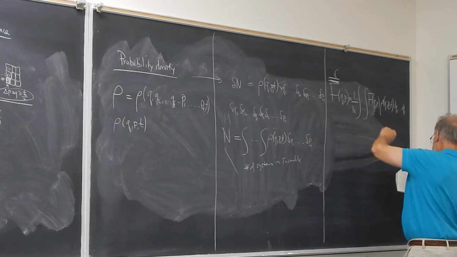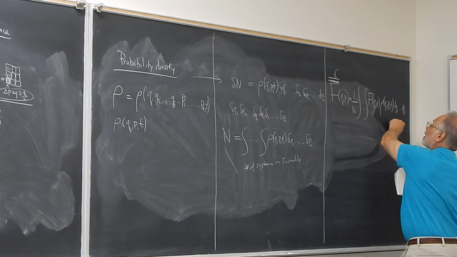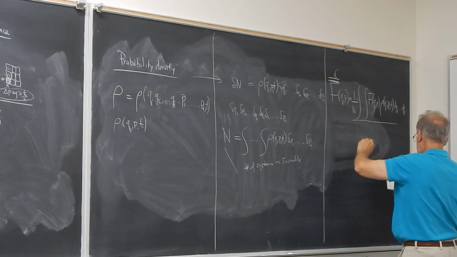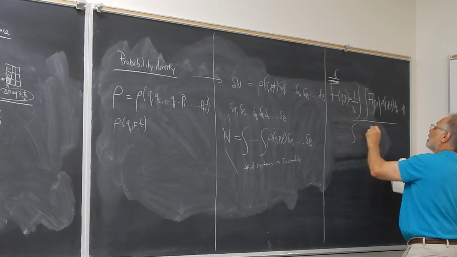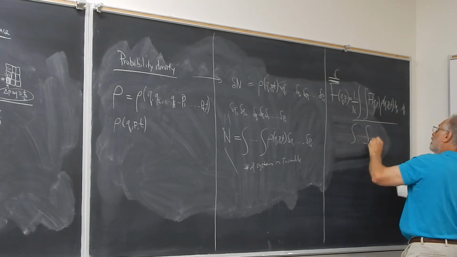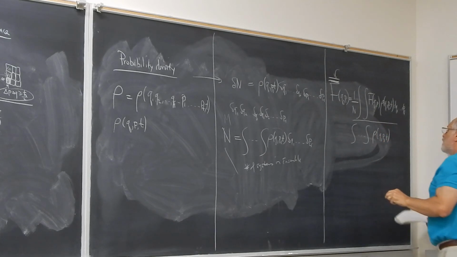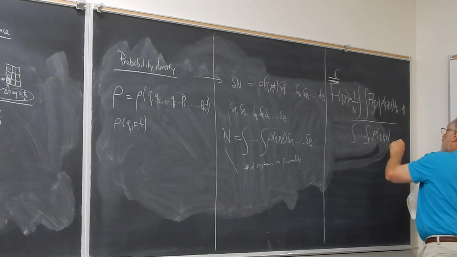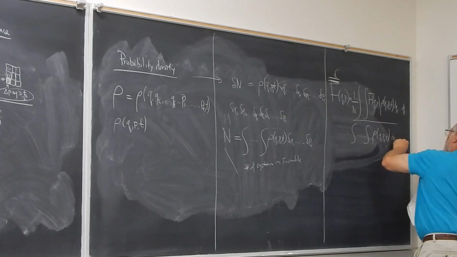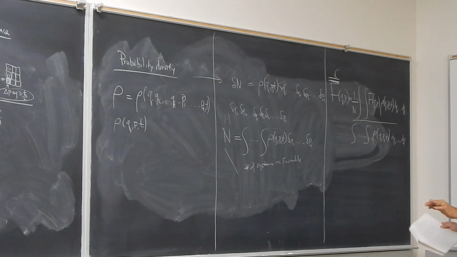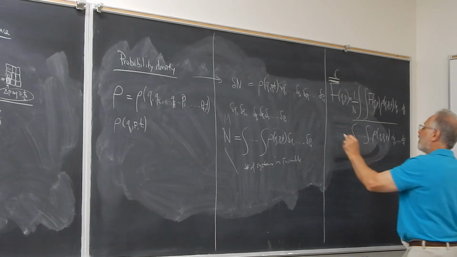We could divide this by the integral of the probability density to normalize that mean.